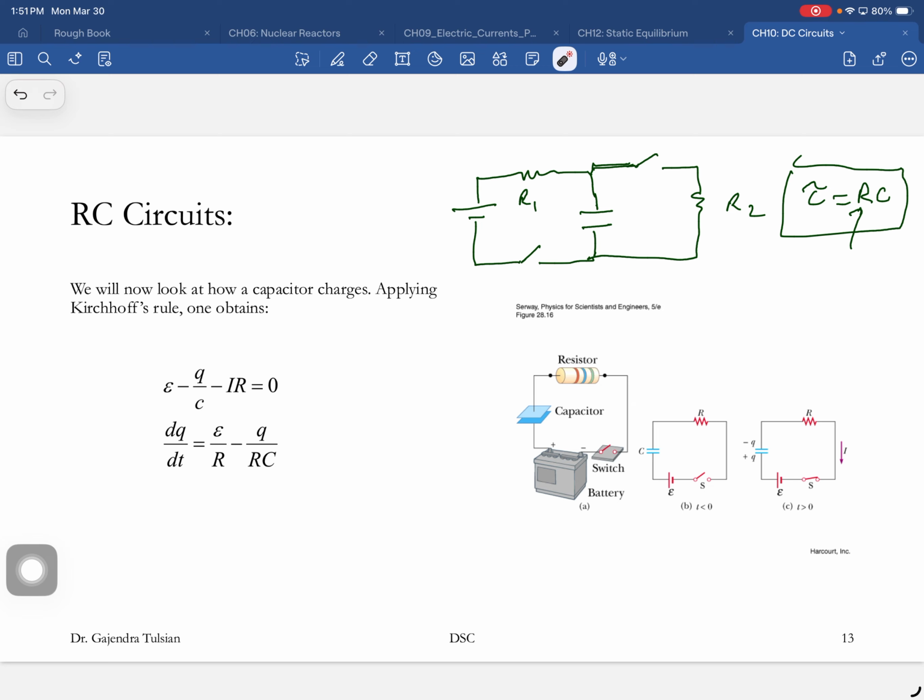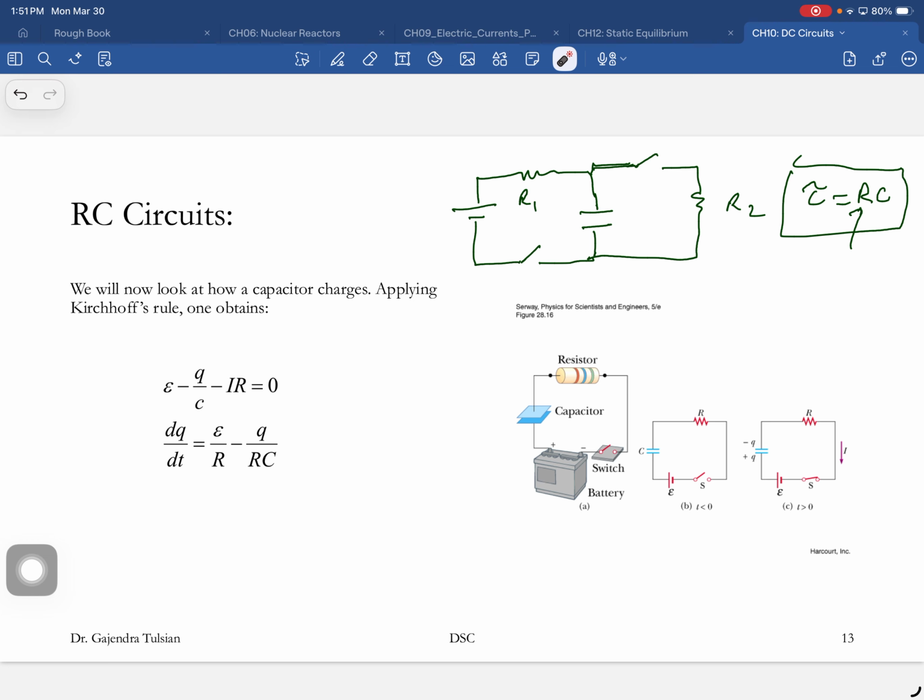If the battery is a 10-volt battery, once the voltage on the capacitor builds up to 10 volts, then the current goes to 0. Then the capacitor is fully charged.